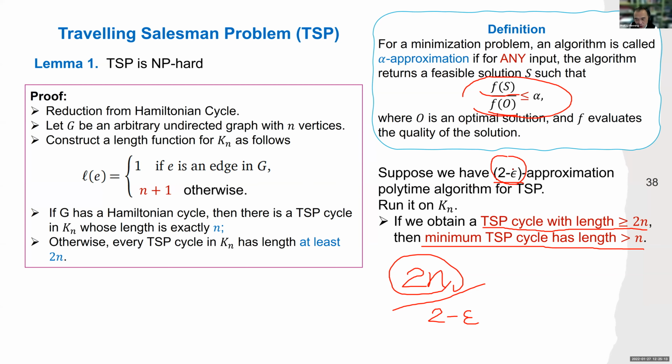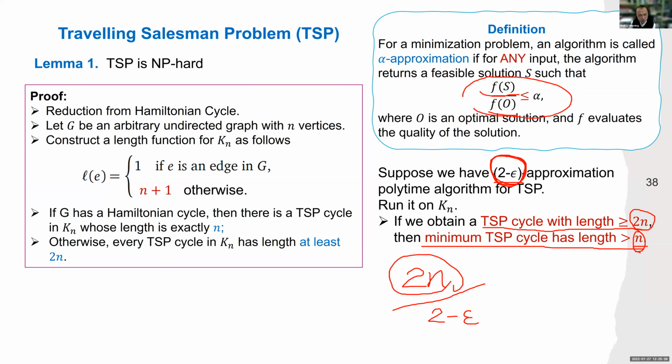So your optimal solution must be larger than n, right? If optimal is n, then you are only a 2 approximation. So optimal has to be larger than n in order for the approximation ratio to be less than 2. Optimal larger than n means what?